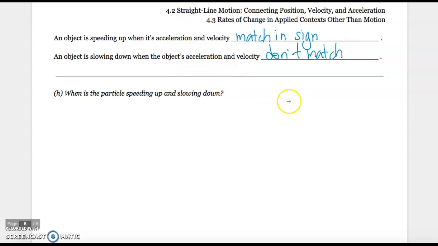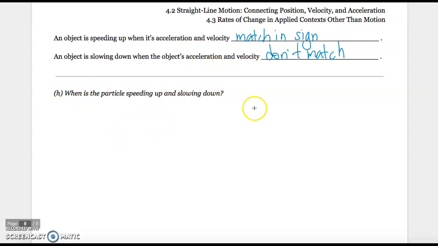Similarly to how our rock, when we shot it up into the air, had a positive velocity because it was moving up, but gravity was acting on it, and so our object slowed down until it reached the top. Okay, and so when you're asked to determine whether an object is speeding up or slowing down, you just have to compare its acceleration and velocity.